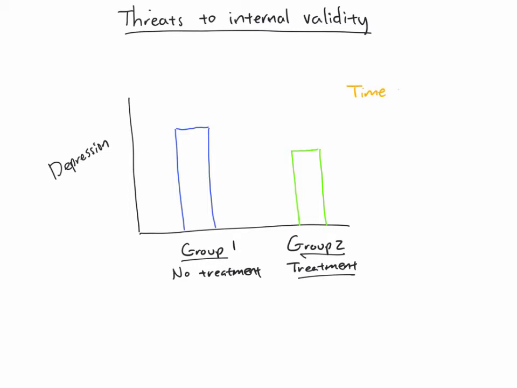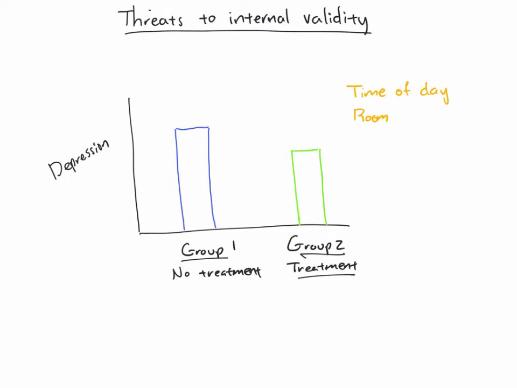If we measure people in group 1 at a particular time of day, and we measure group 2 at a different time of day, maybe there's something about time of day that impacts people's mood, and so that's having an effect. Or we might talk about the room that the person is in when we're measuring them.